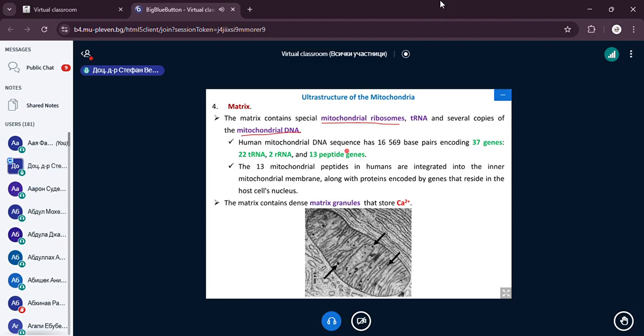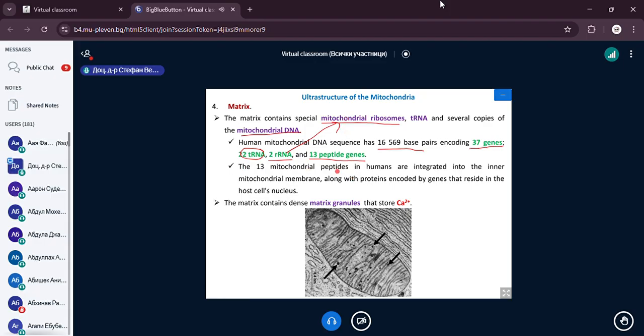The human mitochondrial DNA has 16,569 base pairs and encodes 37 genes. 13 of these genes are for proteins. There are 2 for ribosomal RNAs to make mitochondrial ribosomes, and there are 23 transfer RNAs. They participate in the process of protein translation, protein synthesis in the ribosomes of mitochondria.